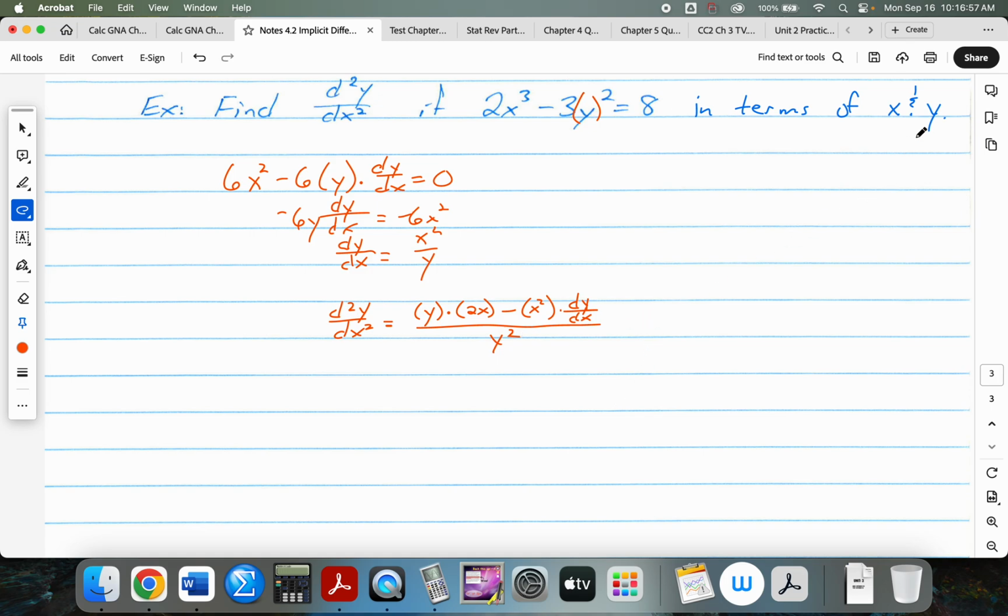And this is why the in terms of x and y is important, because if it didn't say that, you'd be welcome to leave it like this. But substituting x squared over y in place of the dy dx, we get 2xy minus x squared times x squared over y, all over y squared.